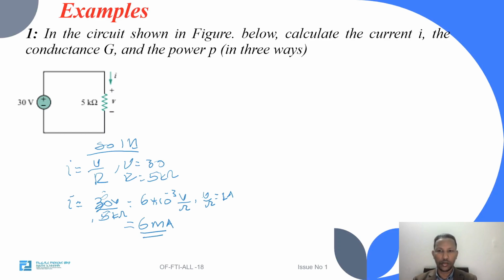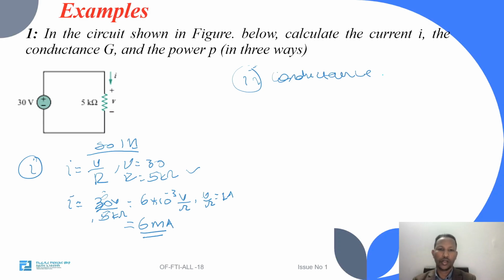Now the second one, the conductance. We are given that resistance R is 5 kilo ohm.